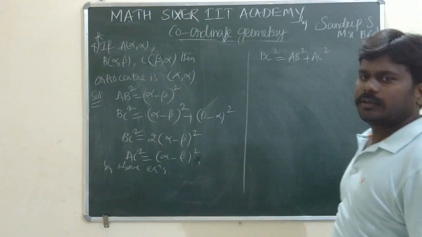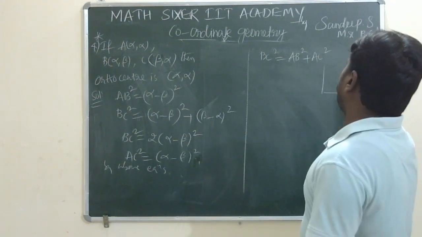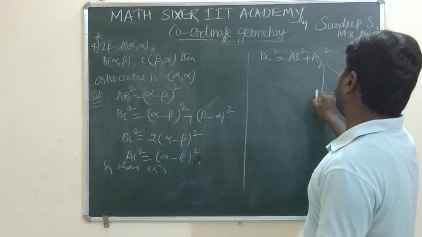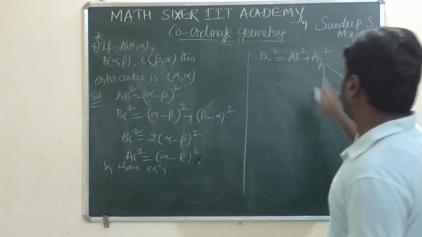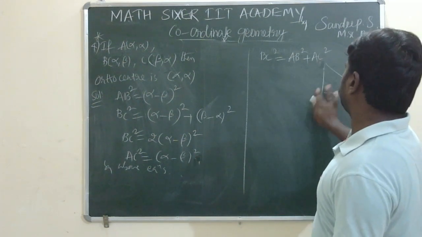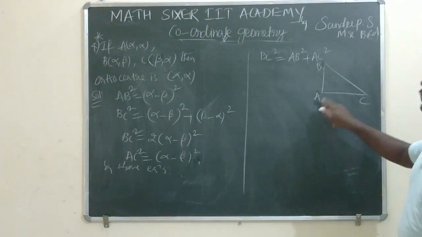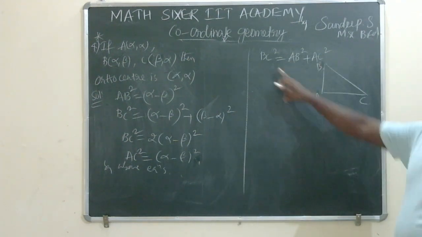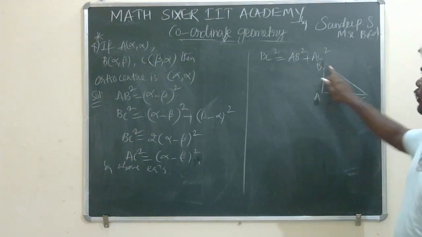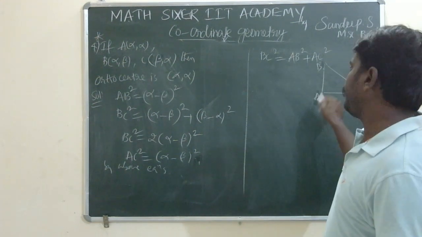That means it is forming a right triangle. Taking triangle ABC, AC squared plus AB squared equals BC squared, where BC is the hypotenuse, so it forms a right triangle with the right angle at A.